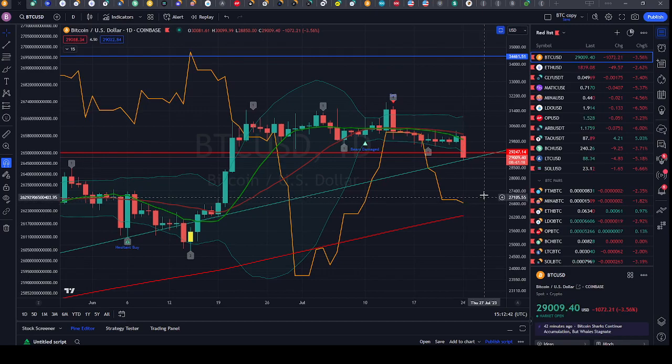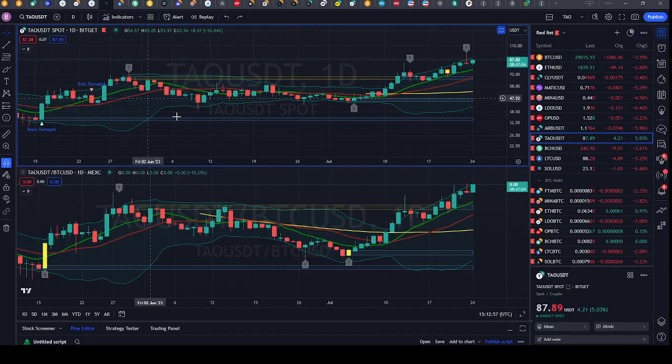One thing I did want to point out, though, super cool, is just on my watch list here. Everything is red, but my go-to alt play right now, Tau BitTensor, is crushing it on the day, and it's been pretty much decoupled from everything that's been going on. This is Tau against Bitcoin, and today it's just like, see ya.